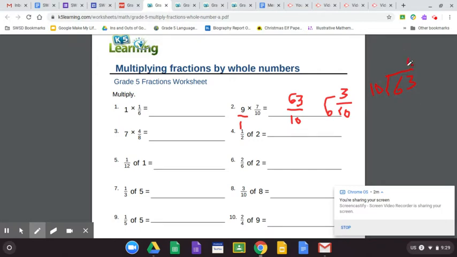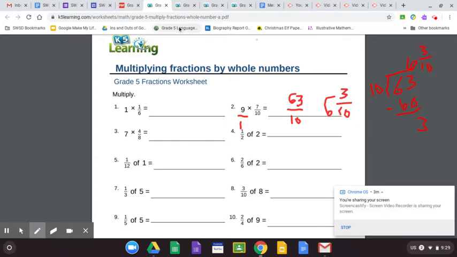So 6 would go here, and you have 6 times 10 is 60. And then you have 3. Your remainder becomes your numerator, and then your denominator is your divisor. So you end up with 6 and 3 tenths.